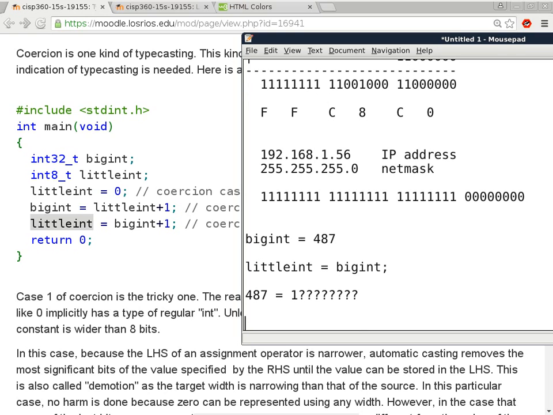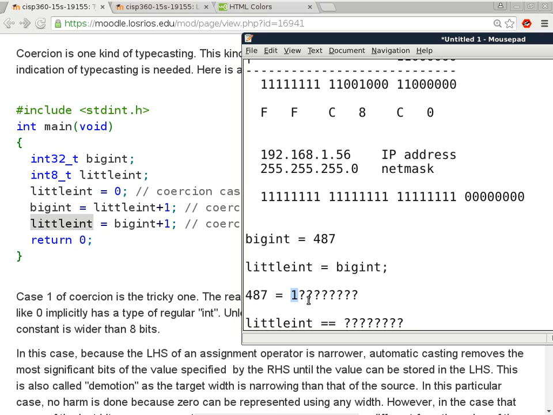So when you look at little int after the assignment, it is only going to be the question marks. That 1 is lost because it is not a part of the least significant 8 bits. So whatever the question marks are in 487 is going to be the value of little int.